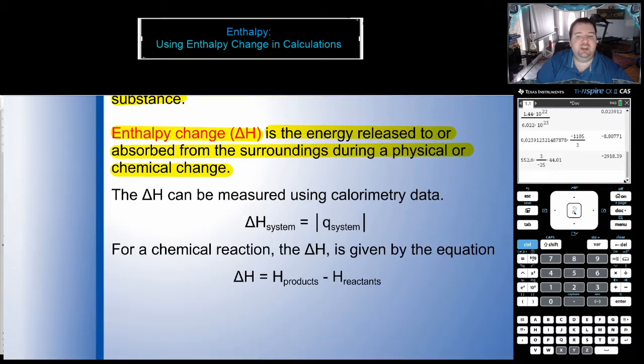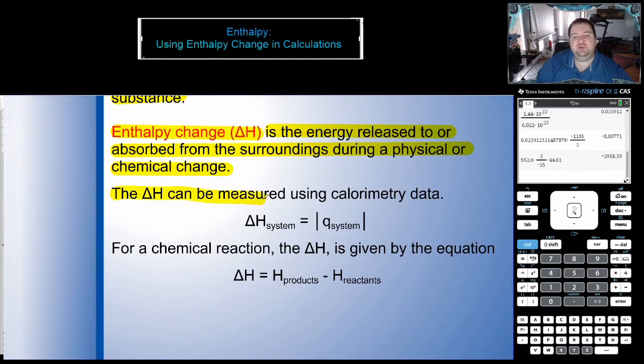Now, the energy change can be measured using calorimetric data, like we just finished learning about in HT1. And so calorimetric data tells us about the heat content of a system, which is annotated using the symbol Q. Now, Q can be positive, right?